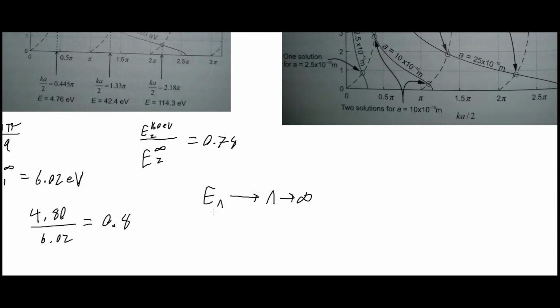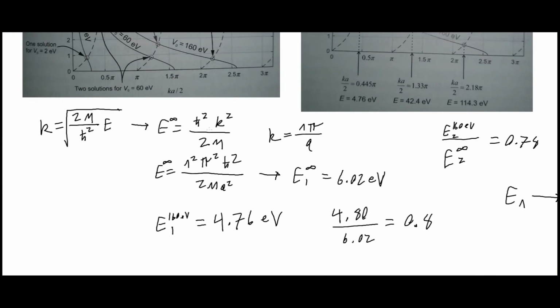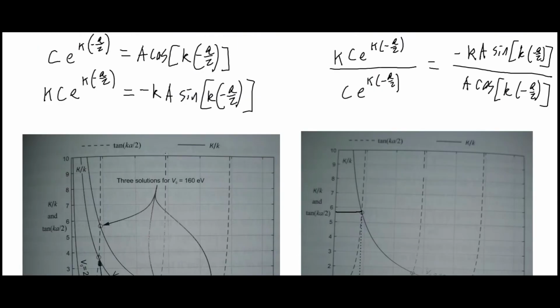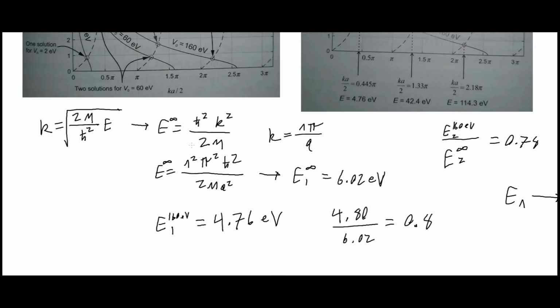So if we take this equation here, and instead of using k squared, we substitute in what we are actually using, which is Ka over 2, and square that.